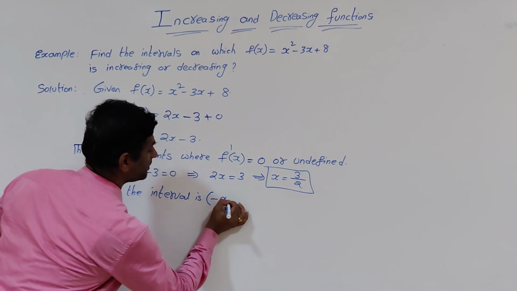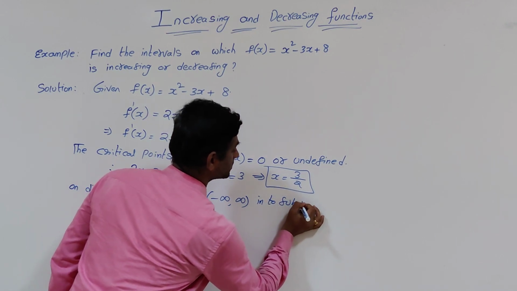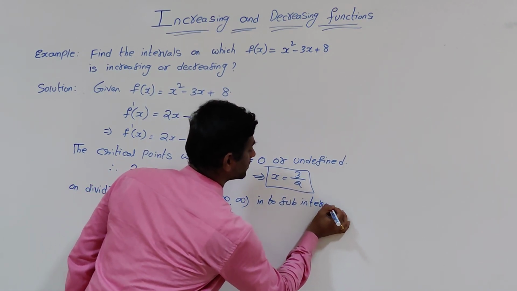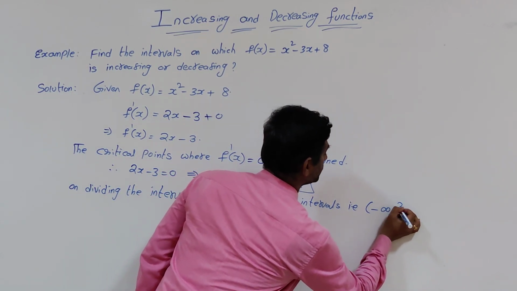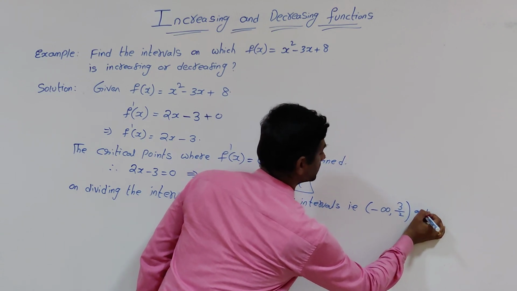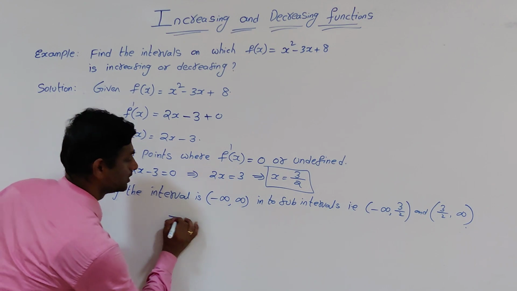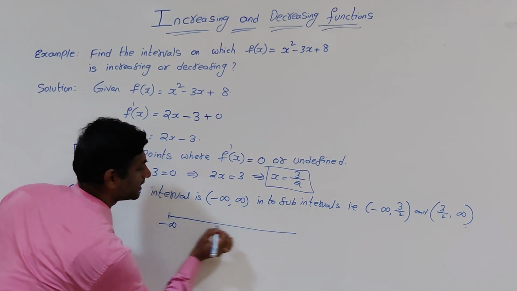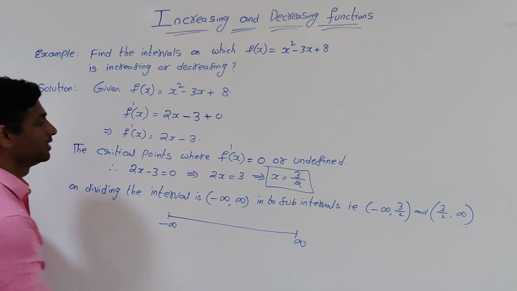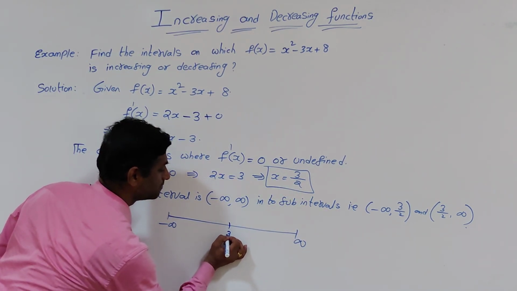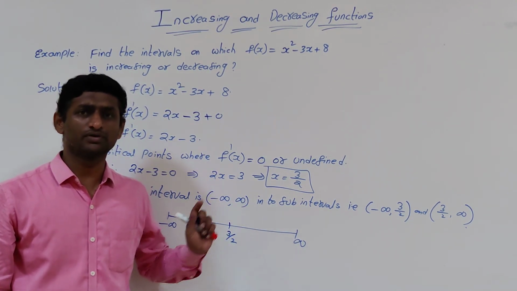It is -infinity to infinity, into subintervals based on the critical points, that is -infinity to 3 by 2 and 3 by 2 to infinity. Assume that this is -infinity and infinity on the x-axis. As 3 by 2 is in between -infinity to infinity, 3 by 2 is approximately 1.5.